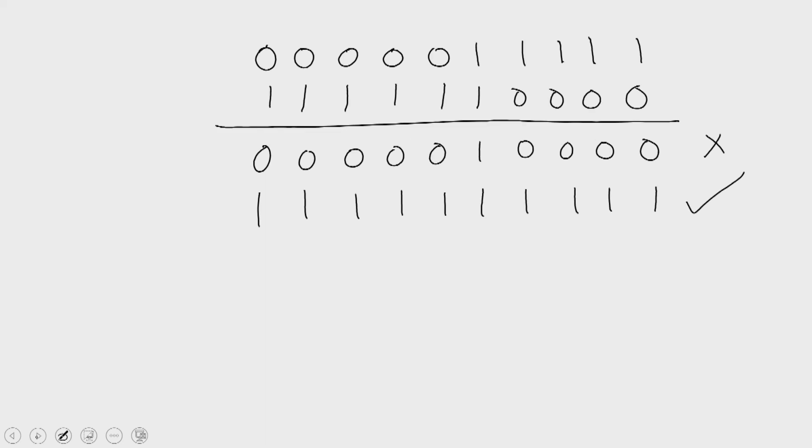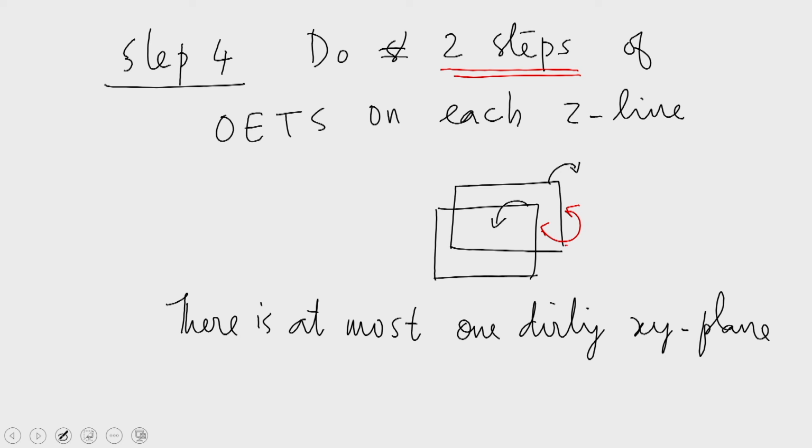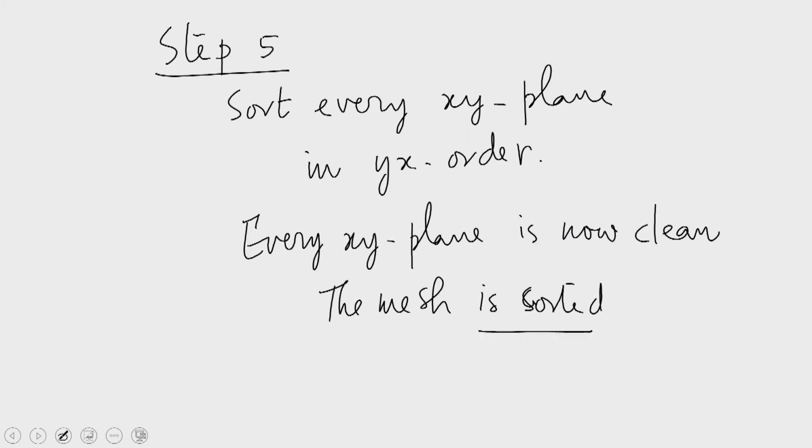Then in step 4, we do 2 steps of odd-even transposition sort along each z line. This will take order of 1 time. There are only 2 steps to perform. And then finally in step 5, we sort every xy plane in yx order. This will ensure that the entire mesh is sorted in zyx order.